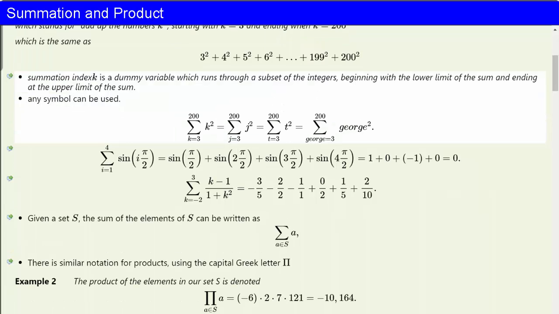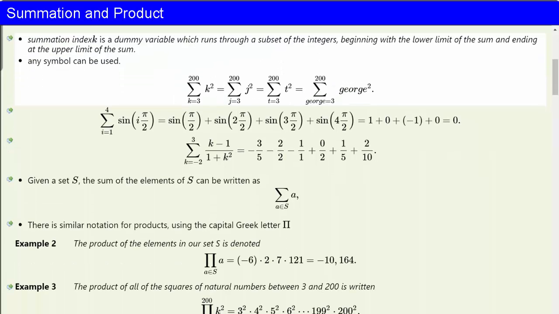You can see that summation notation makes things nice and compact. The other thing to notice is that the summation index k is a dummy variable which runs through a subset of the integers beginning with the lower limit of the sum and ending at the upper limit of the sum. The particular symbol we use is not important.